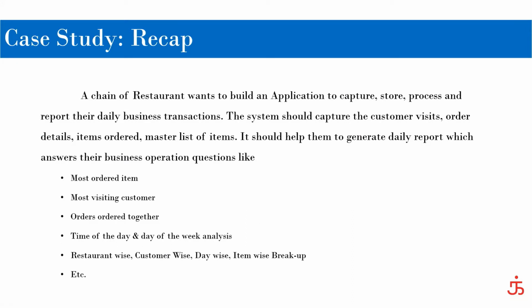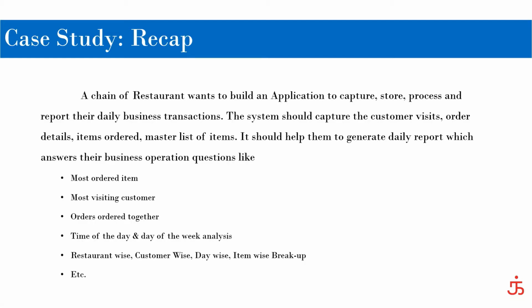So this is more of a recap of the case study. A chain of restaurants wants to build an application to capture, store, process, and report their daily business transactions. This is the basic objective of the app. They want to track customer visits, order details, and items ordered against the master list of menu items.